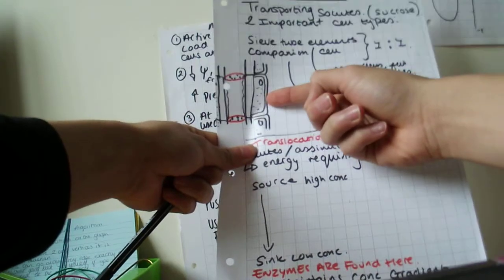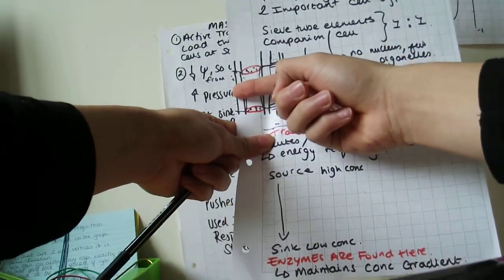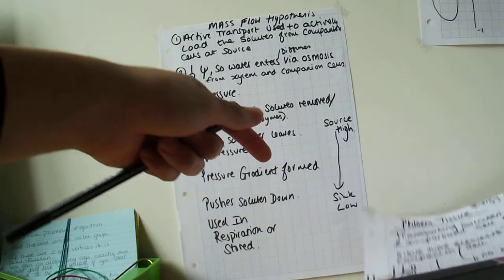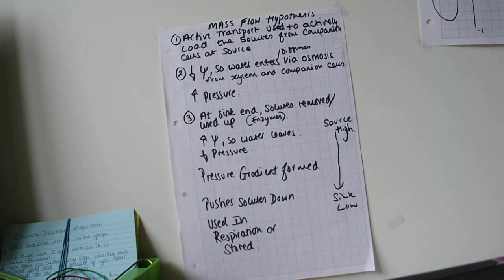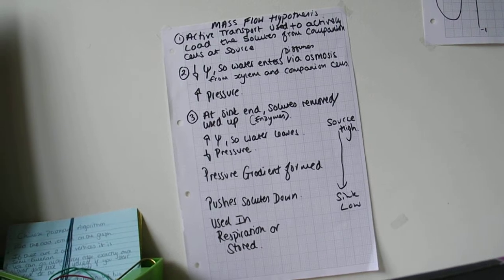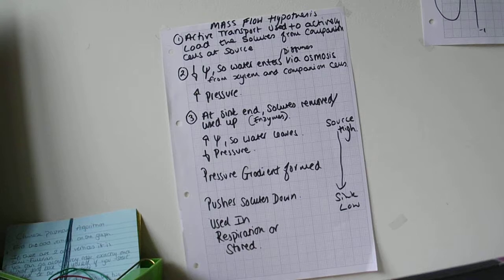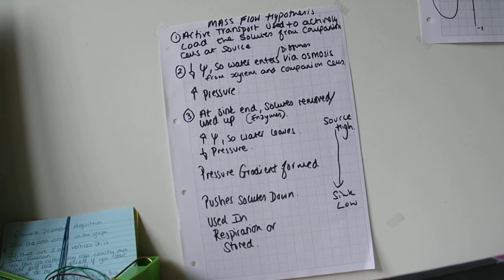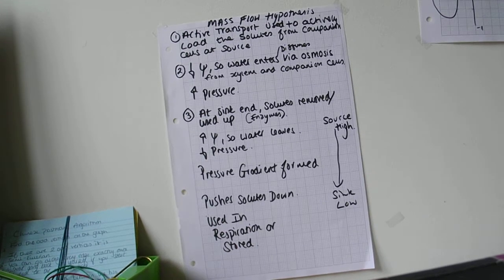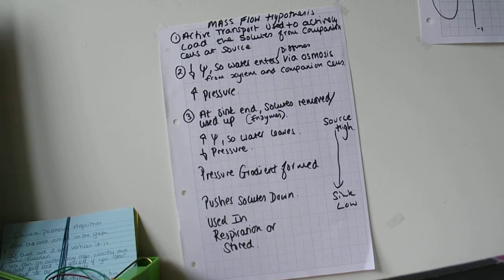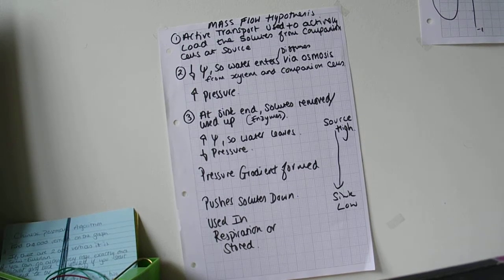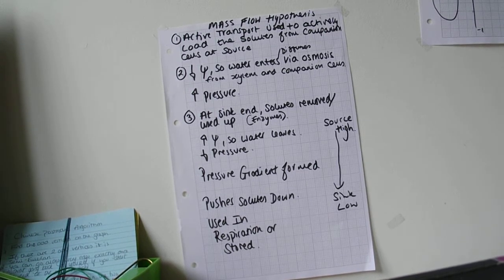So the companion cell moves all the stuff in by active transport, and then this creates a low water potential, because if you've got a high amount of substances, it's going to be a high concentration, so there'll be a low water potential. So that means water will move in at the source via osmosis from the xylem vessels or the companion cell, so water will move into the phloem vessel.